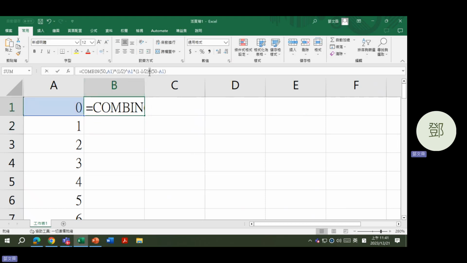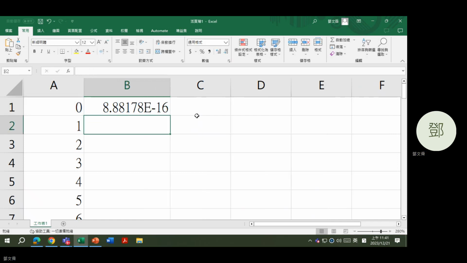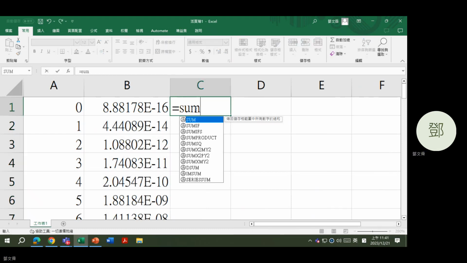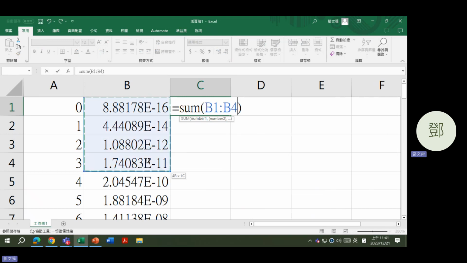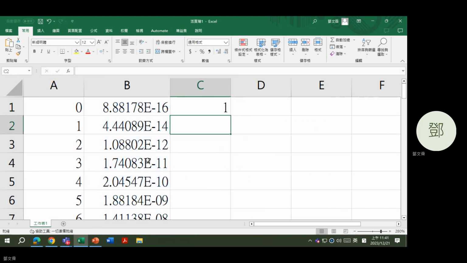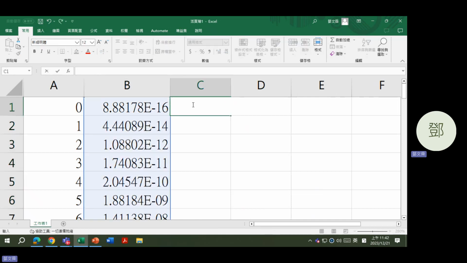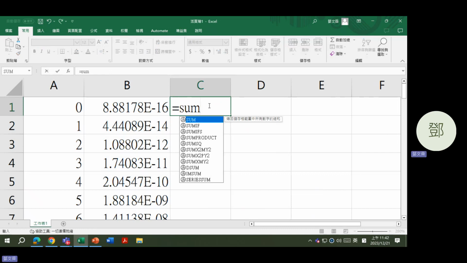Which is a very small value. And if you sum them up, it will be trivially 1, because the total probability of any random variable is 1. So this means that the probabilities we calculate are correct. They're all correct.